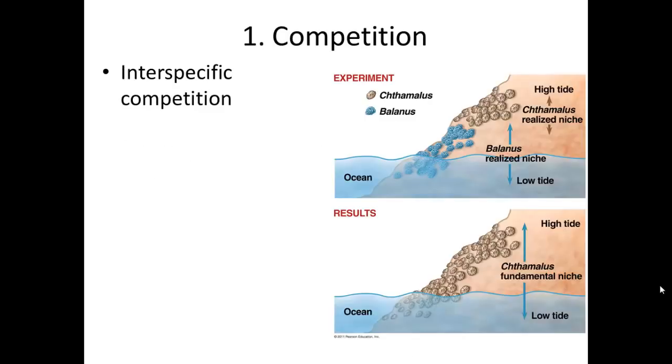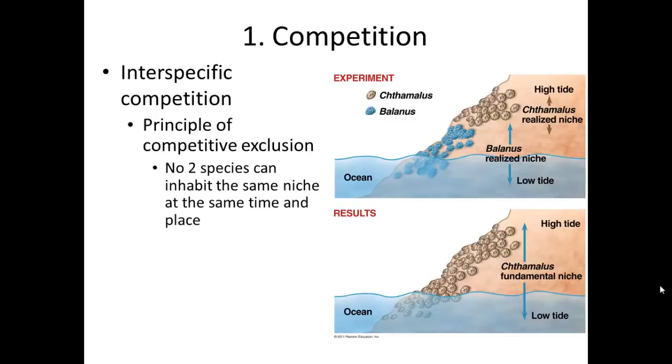In interspecific competition, there are a couple of major theories which seem to be valid in most ecosystems. And the first is the principle of competitive exclusion, which is that no two species can inhabit the same niche, the same resource use, or at least not the exact same resource use at the same time and place.